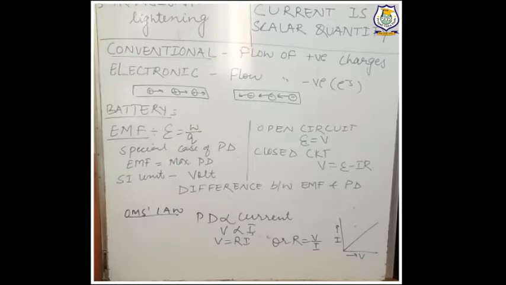Means at constant temperature, and if the other conditions are also not changing, then according to Ohm, the potential difference is always directly proportional to the current. So V is directly proportional to I. If we remove the sign of proportionality, then V is equal to IR.